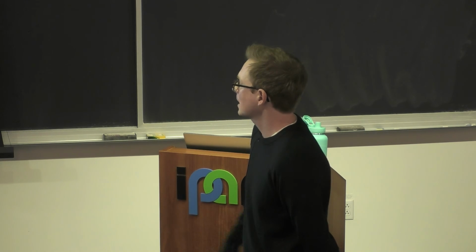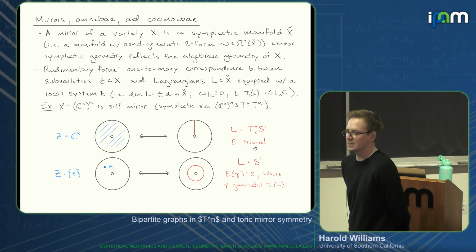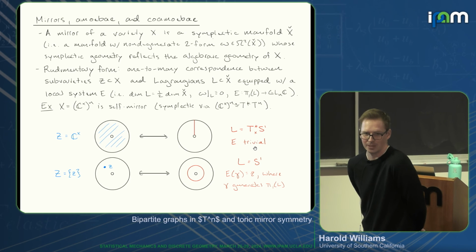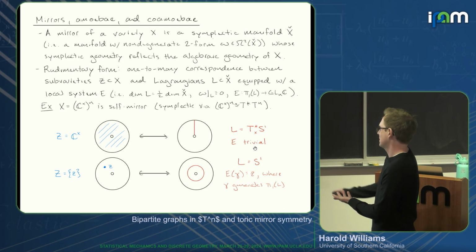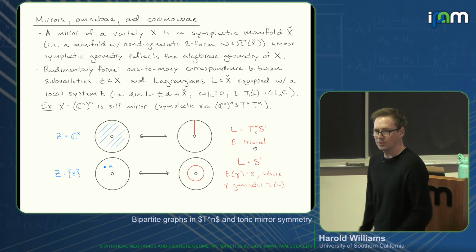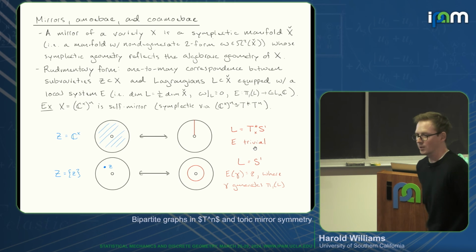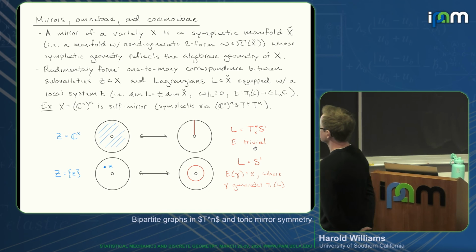A basic example is if I take the algebraic torus, C star to the n, this is self-mirror. I can think of it as a symplectic manifold, and this is how we'll think about this, by identifying it with just the cotangent bundle to the real n torus. Cotangent bundles are the most basic examples of symplectic manifolds.